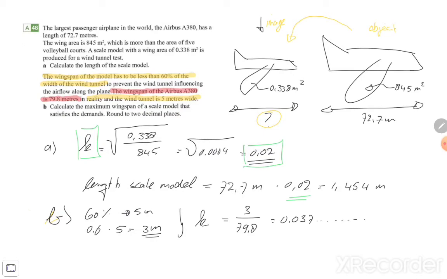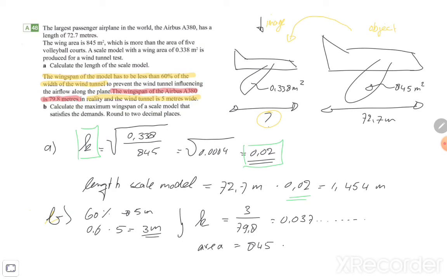They ask for the maximum wingspan of the scale model that satisfies the demands. Now, 60% is the maximum. It's not allowed to get more than 60%. So the area of the object was 845.